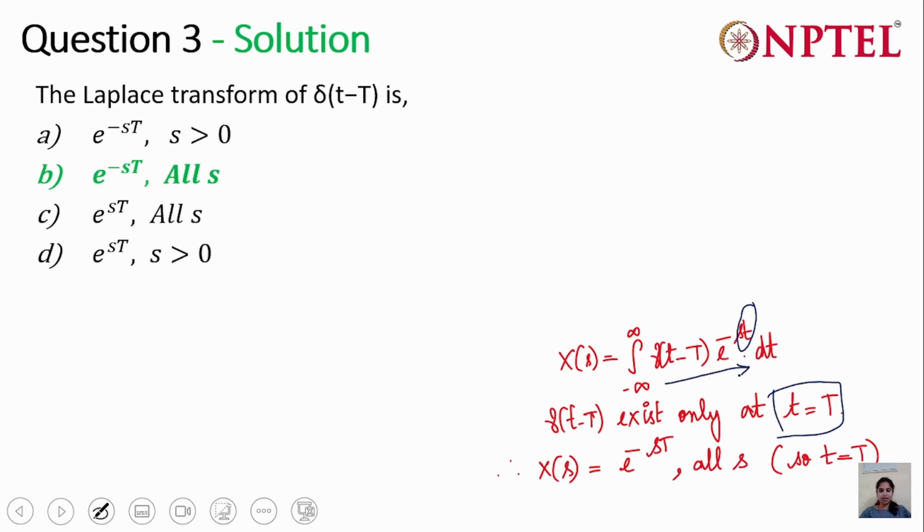This delta part is going to have a value 1, so it automatically becomes e power minus sT. So this integral has no problem in convergence with respect to s. So the ROC will be all s.